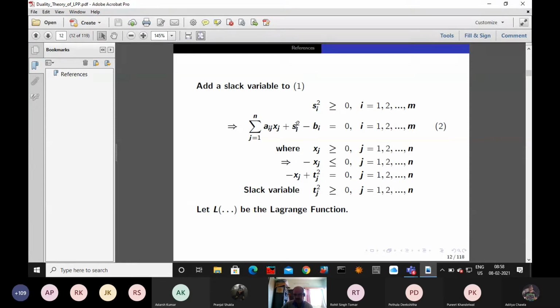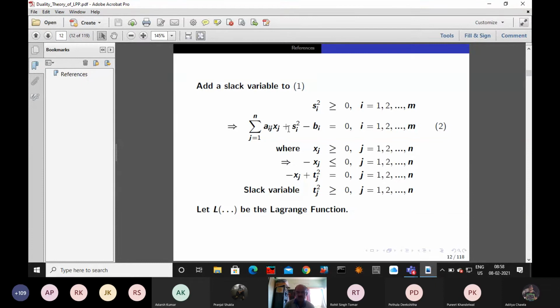So these slack variables are very important. So we can write aij xj minus bi, this difference, equal to minus si square.